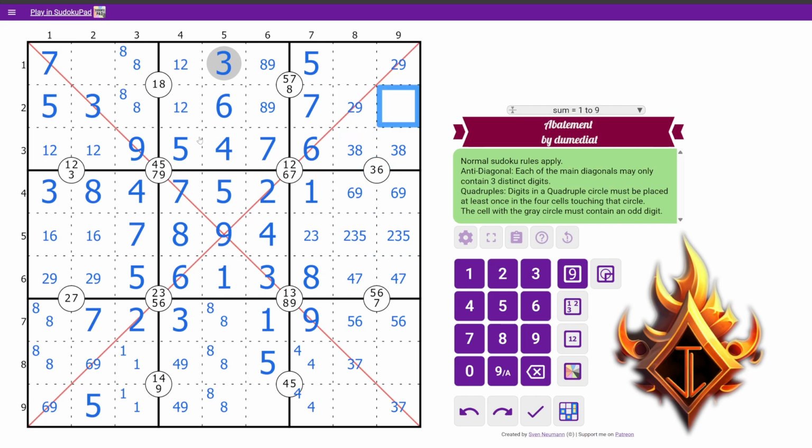What's left in this one is a 4 and a 1. Looks like either can be either, or either can be either.